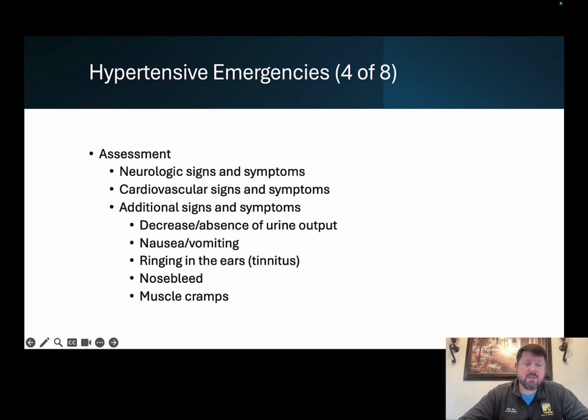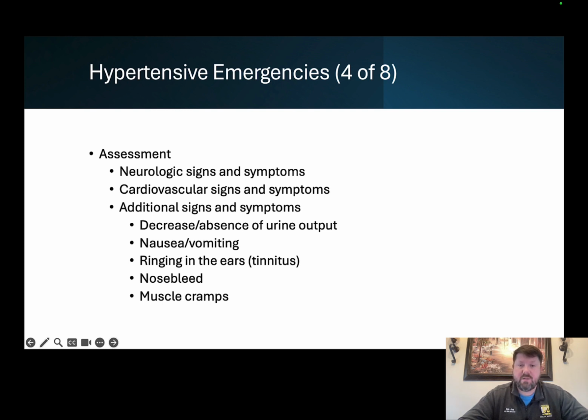Neurologic signs and symptoms include headache, blurred vision or sudden blindness, aphasia, numbness or weakness, and mental status changes ranging from confusion to unresponsiveness. Widespread neuromuscular irritability. Cardiovascular signs and symptoms include chest pain or tightness, shortness of breath, palpitations, dysrhythmias, signs of heart failure, or sudden severe chest or upper back pain that may indicate aortic dissection.